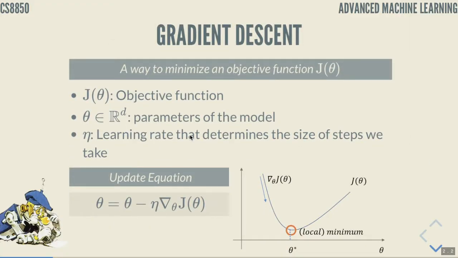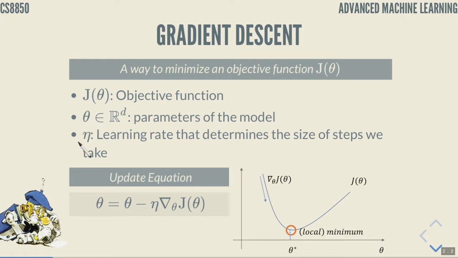So, gradient descent, regular, not stochastic. What is gradient descent? It is a way to minimize an objective function J of theta at some point theta. So J of theta is an objective function. The theta point is a point in space where our objective function is defined.